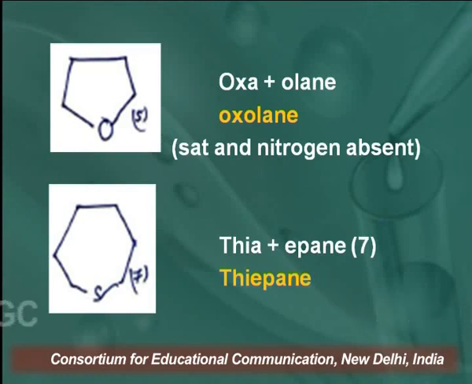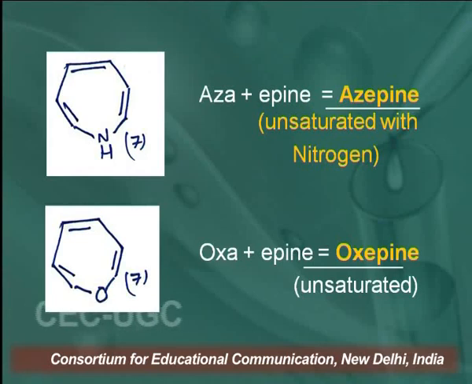So, thiepane. Similarly, you will see here, what is the difference over here? The difference is that the ring contains nitrogen as well as unsaturation.